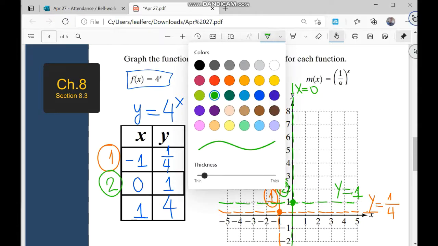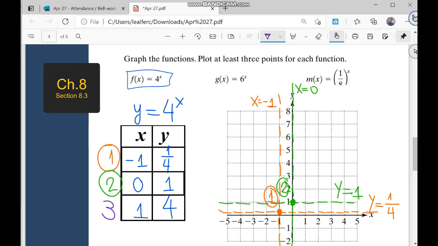The next one, point number 3. X equals 1. X equals 1. Y equals 4. And y equals 4 is right here. This is point number 3.